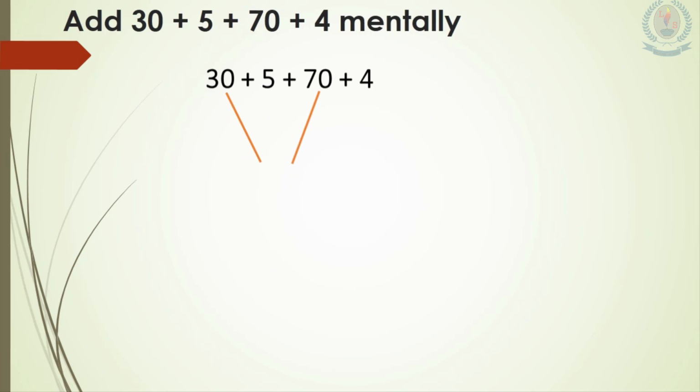First let's make 100. 30 and 70 make 100. And the other two numbers are 5 and 4. The total of 5 and 4 is 9. So we can add them all together. 100 plus 9. The answer is 109.